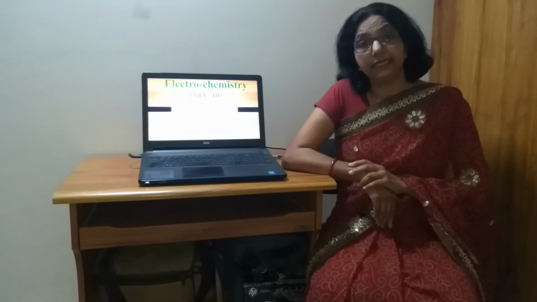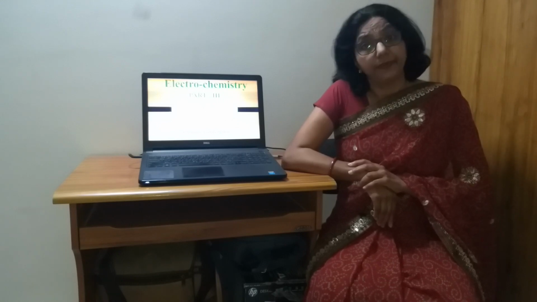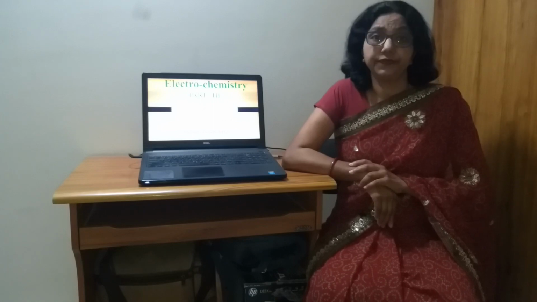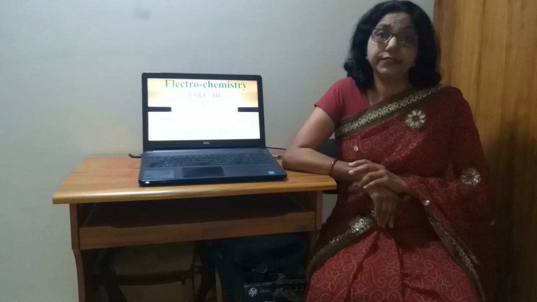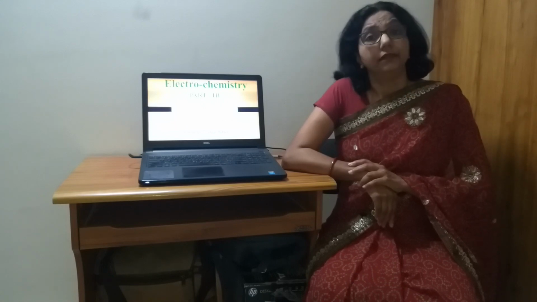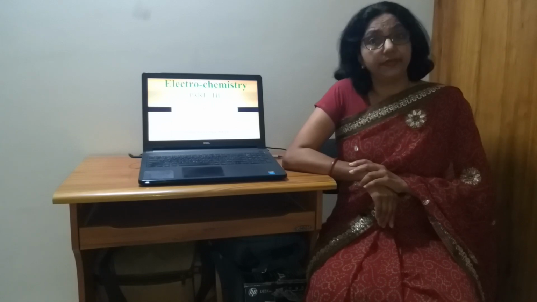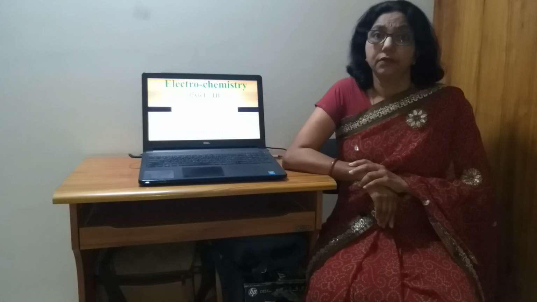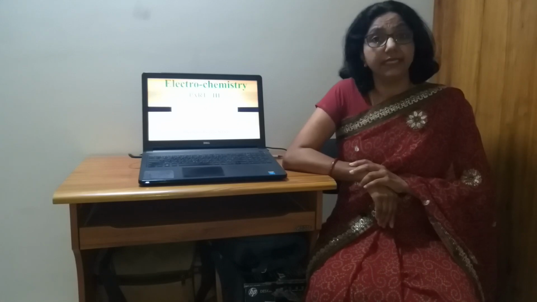Whereas in the galvanic cells, there are separate compartments for anode and cathode, and these are called half cells, and the electrodes are immersed in the solution of their ions. The half cells in the galvanic cells are connected with the help of a salt bridge. So the salt bridge is an important part of the galvanic cells.